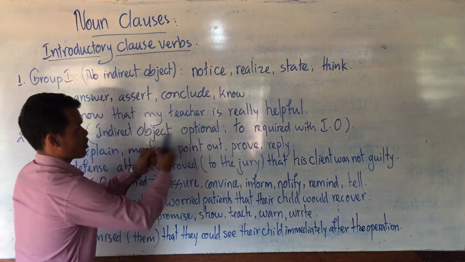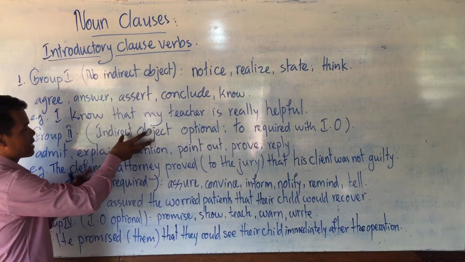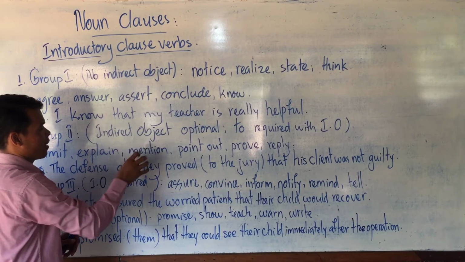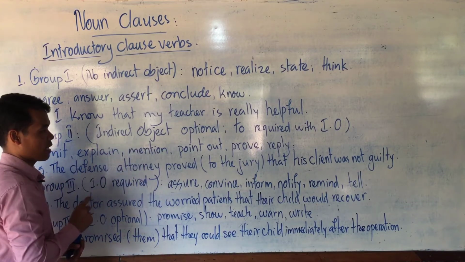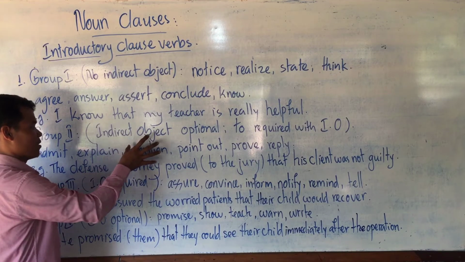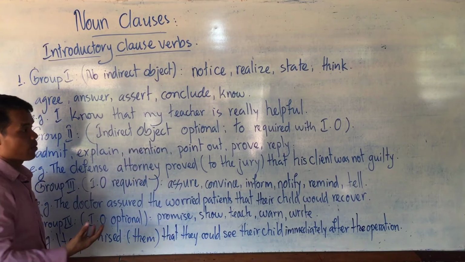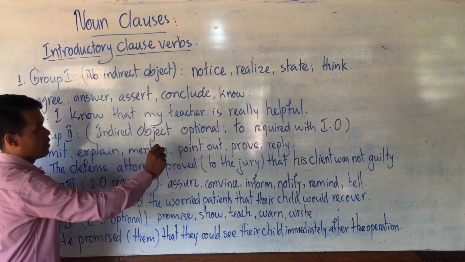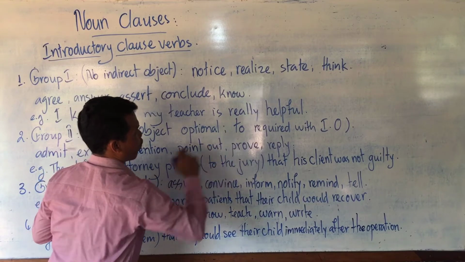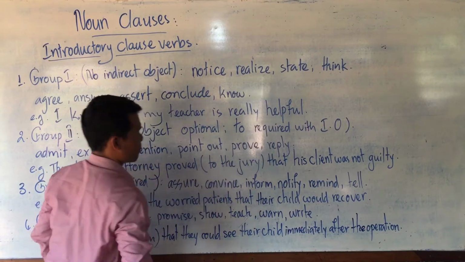indirect object optional. This group means that if you want to retain the indirect object, it is okay, or if you want to delete the indirect object, it's okay. So it means that it is optional. But in group number 2, it is required to use to with the indirect object.